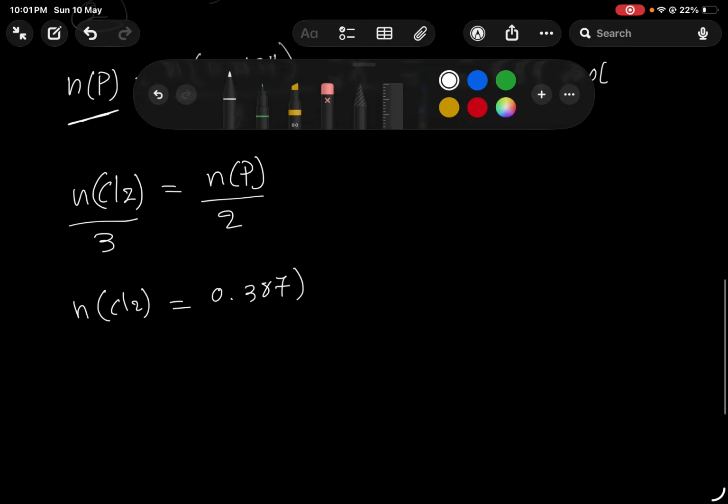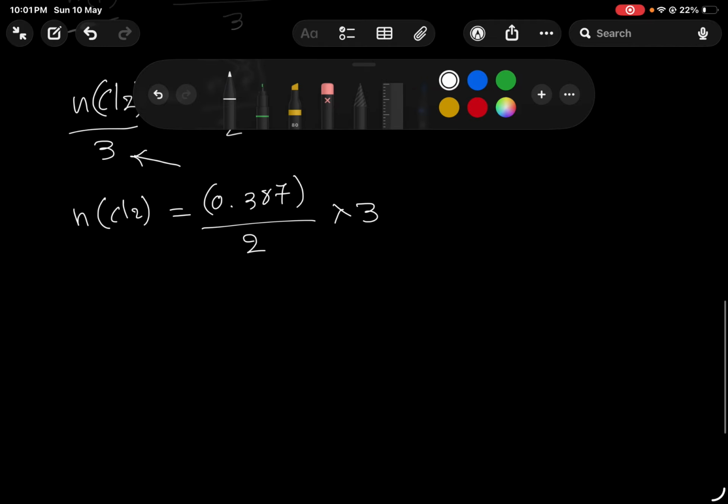0.387 divided by its coefficient, which is 2, and then times this number times 3. So if we put this in the calculator, we will be getting 0.581 moles.